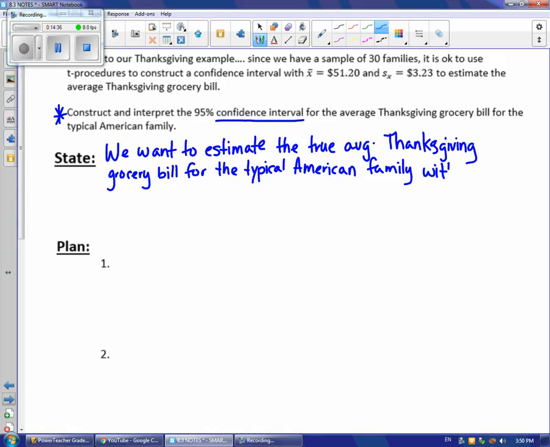And we have to add in how confident we want to be when we make that estimate. So we're going to make that estimate with 95% confidence. Very important you say your confidence level in your state.